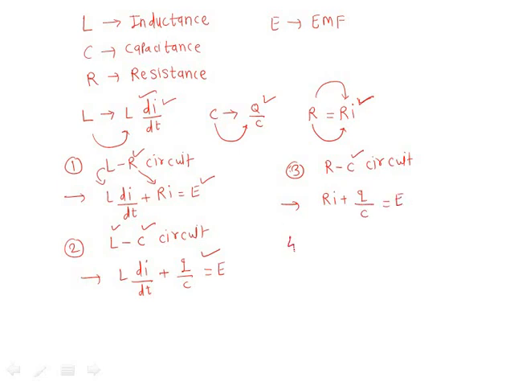And finally, if I ask you how we can make the differential equation of LCR circuit, for L we will write down L di by dt plus, then for C we will write down Q by C, and then for R we will write down Ri, which is equal to E. So we can observe here that the right hand side of each and every differential equation of an electric circuit is fixed, that is E. EMF E is fixed.